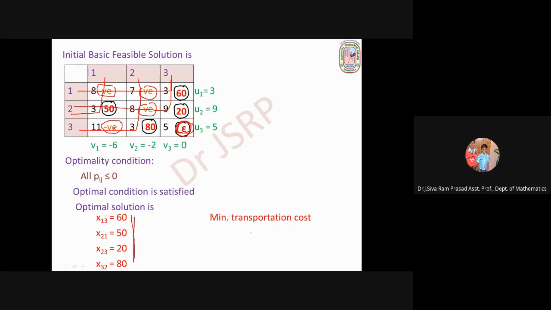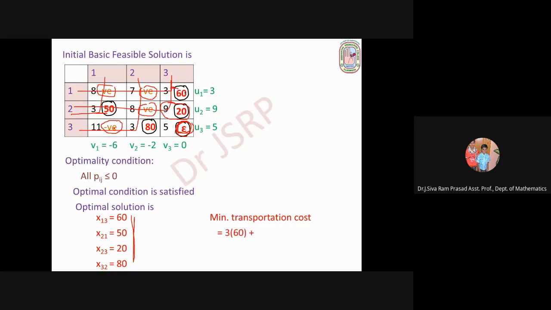Okay, and what is the minimum transportation cost? So take the product with the unit transportation cost. Okay, so 3 into 60 here, plus 3 into 50 here, plus 9 into 20.